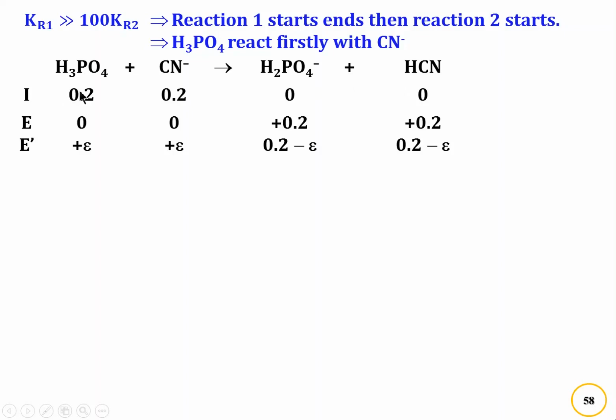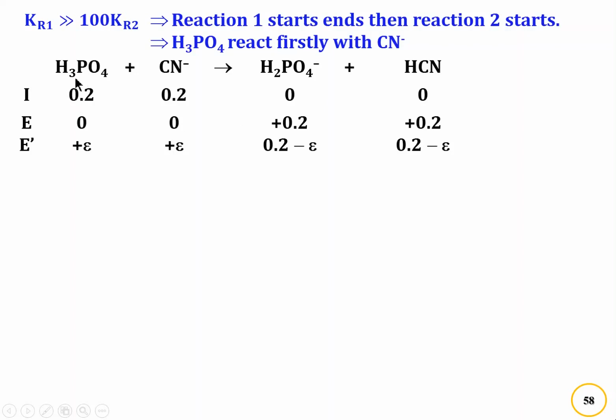At t equals 0, we have 0.2 H3PO4 and 0.2 CN-, and 0, 0. This reaction proceeds till the equilibrium, t equals infinity. So at equilibrium, all H3PO4 and CN- will react, and we have formation of 0.2 H2PO4- and 0.2 HCN. So practically, the first reaction produces 0.2 H2PO4- and 0.2 HCN.